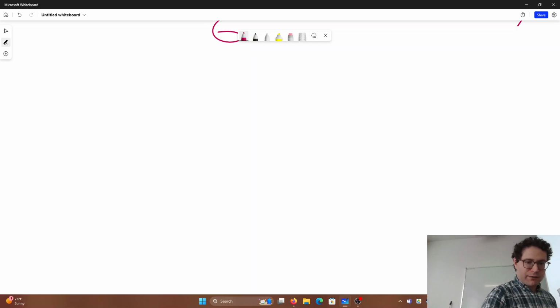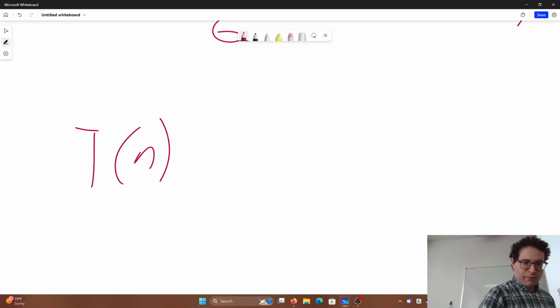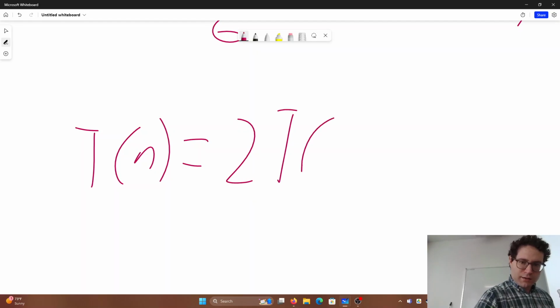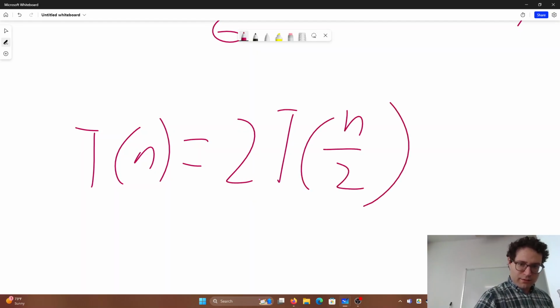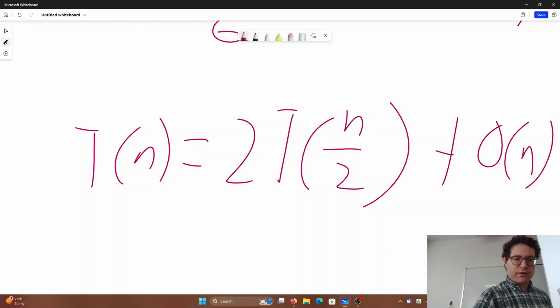We'll get something like merge sort, which has a runtime like this, which is recursive, by the way. And we'll assert that, so formally merge sort, which is one of the better sorting algorithms, has this runtime, which means that we split the problem in half and solve those problems. And then it takes O of n time to put those halves back together.